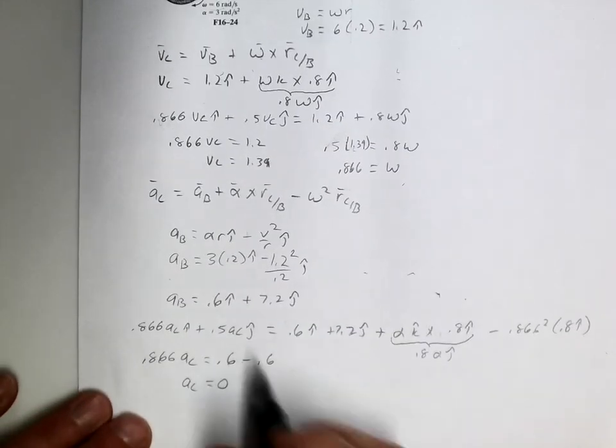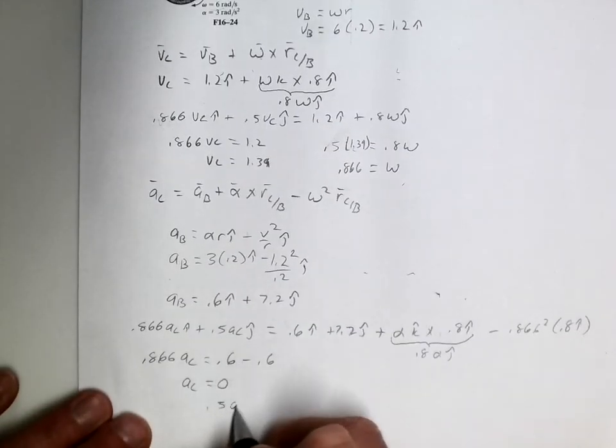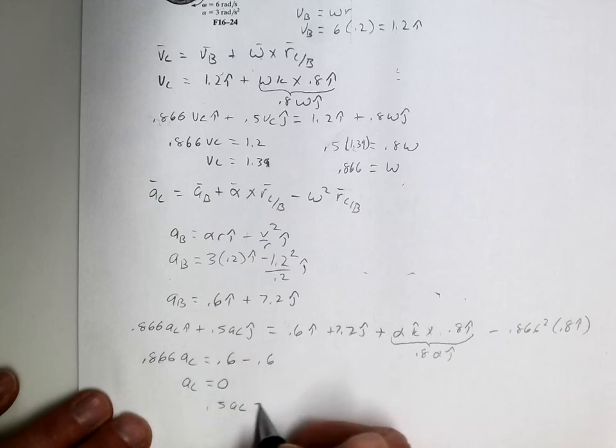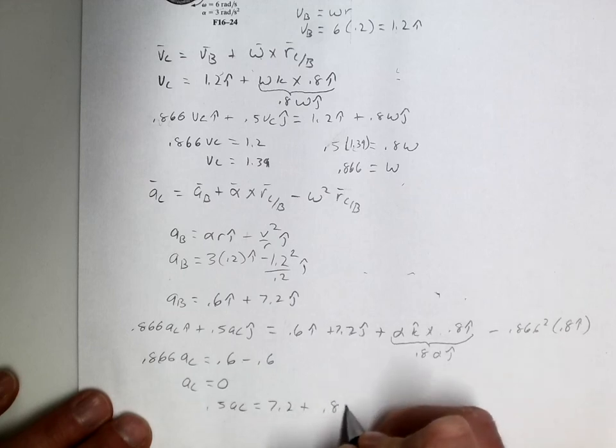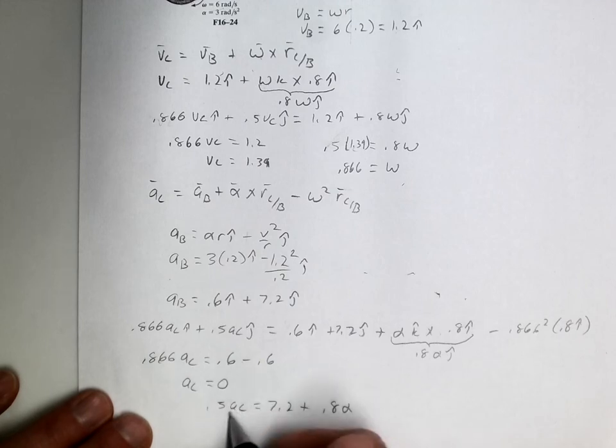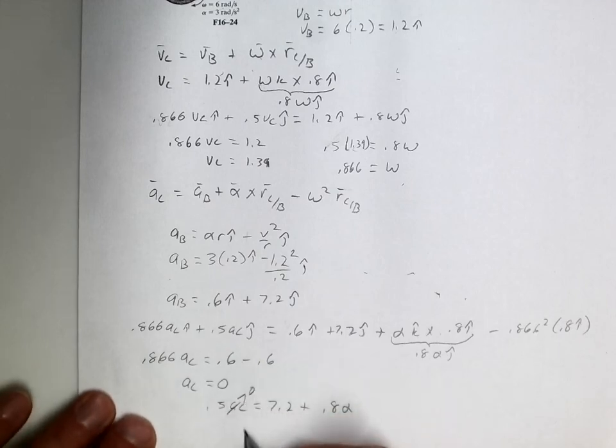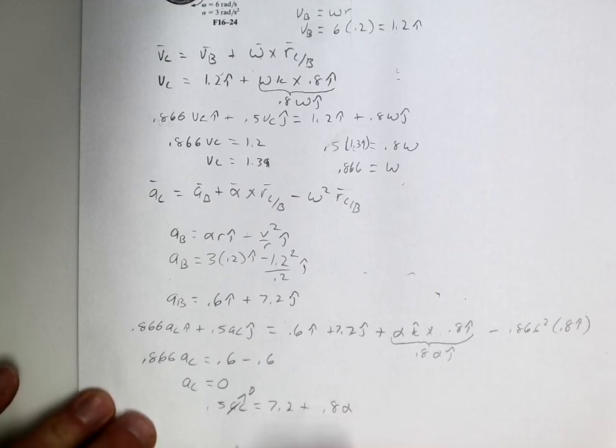In the j direction, we have 0.5 AC in the j is equal to 7.2 in the j plus 0.8 alpha in the j. Since AC is 0, we get alpha is equal to 9.